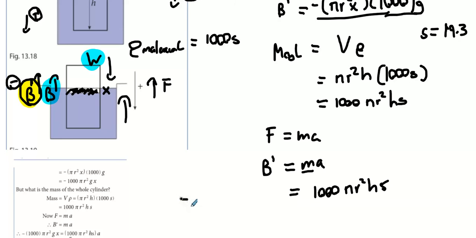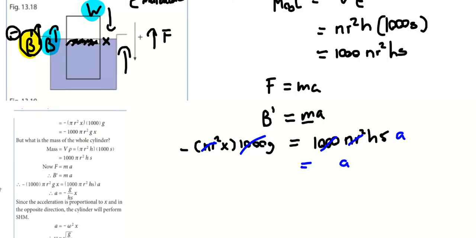Now, what can cancel off both sides? Then we have the mass, and then we have the acceleration there. So the thousands cancel, the pi r squareds cancel, and then we're left with, we want to get a on its own. So a is going to equal minus g over hs.